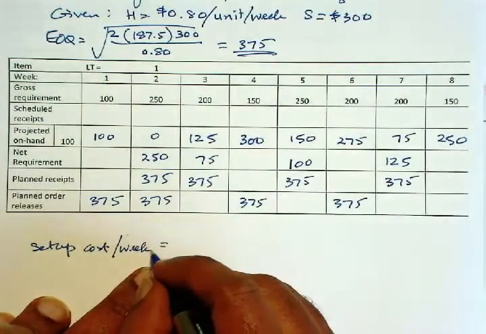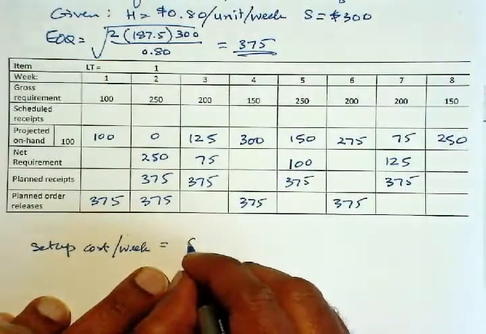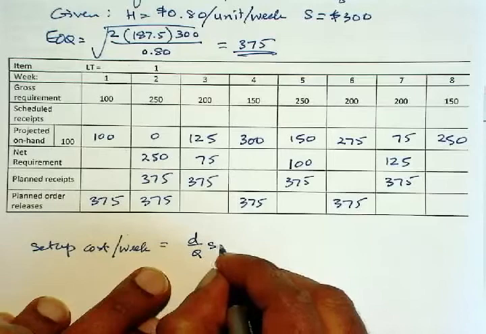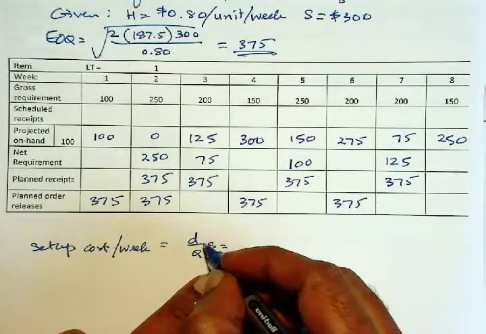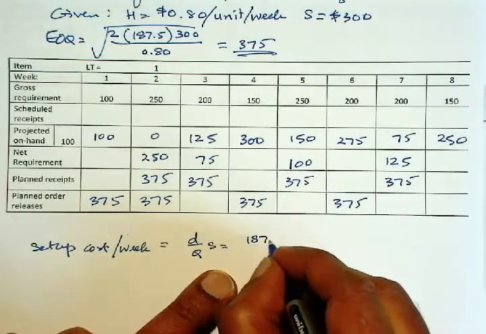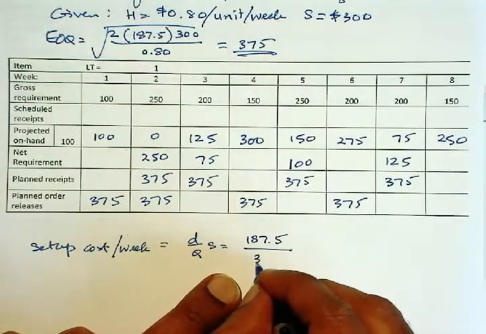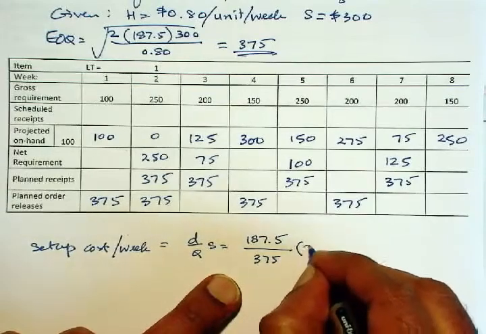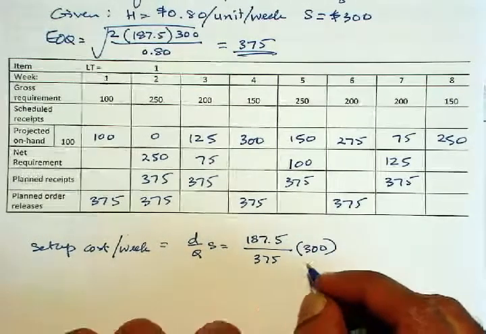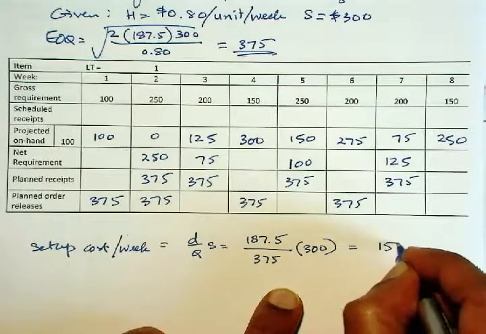So we need the D over Q times S. Okay, so that will be 187.5, that's our weekly average demand, divided by EOQ of 375 times 300. So this is our setup cost on the average. Okay, and that comes out to be 150.